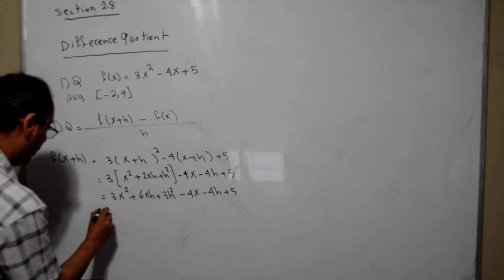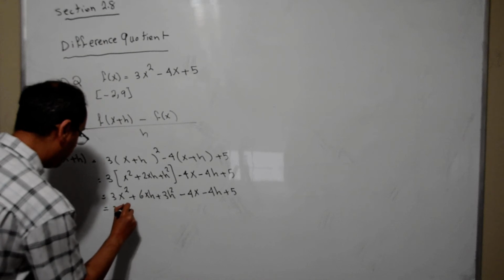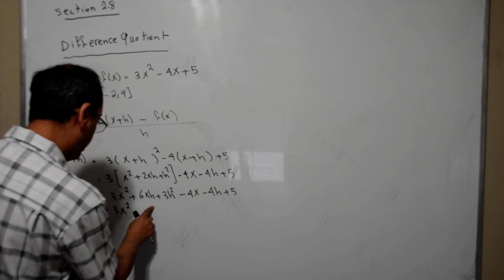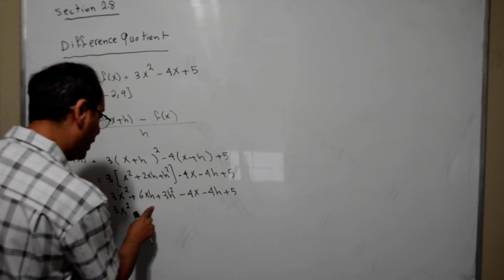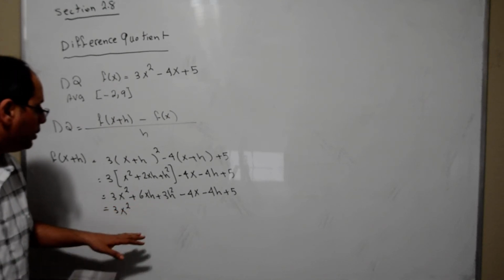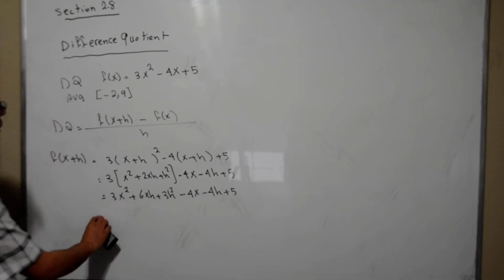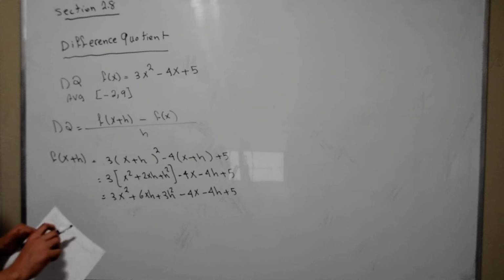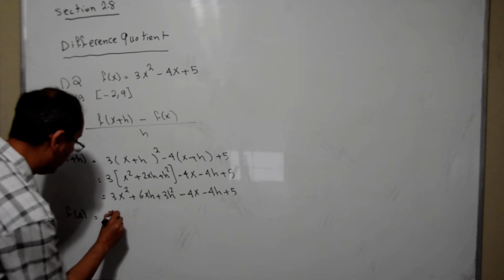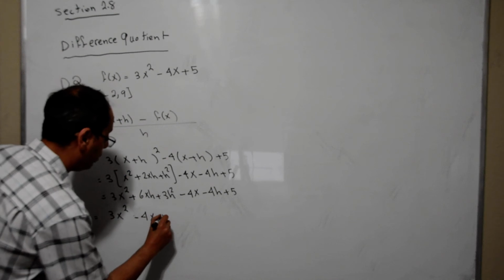Let's simplify that. I don't have anything else with x squared, so it's 3x squared. 6xh, I don't see another xh, so obviously there is nothing to be combined here. All of them are different. Okay, now I have f of x is 3x squared minus 4x plus 5.